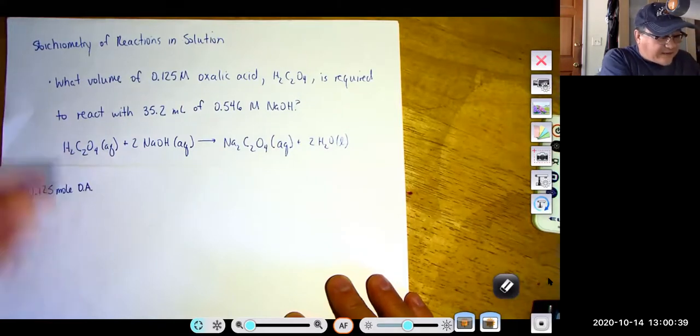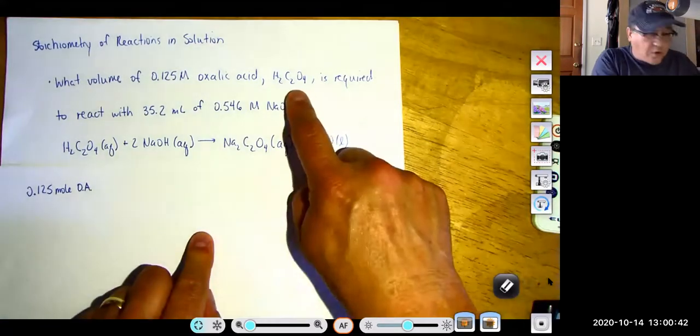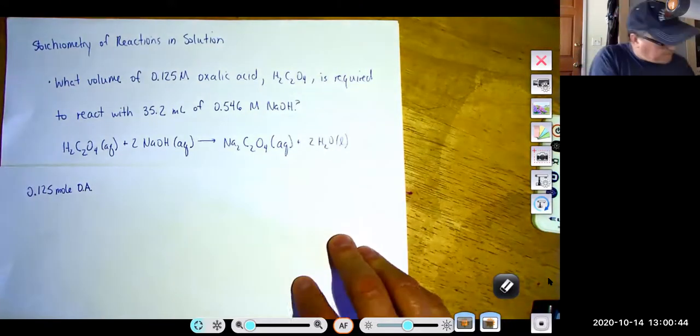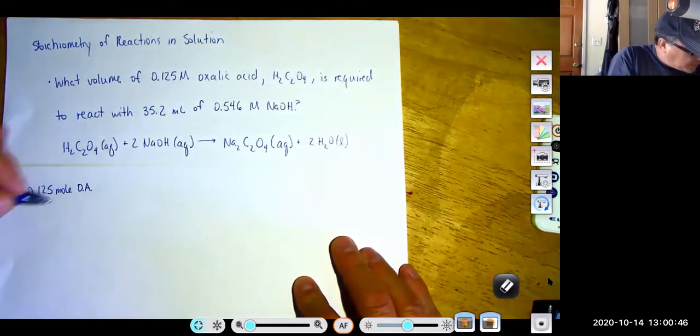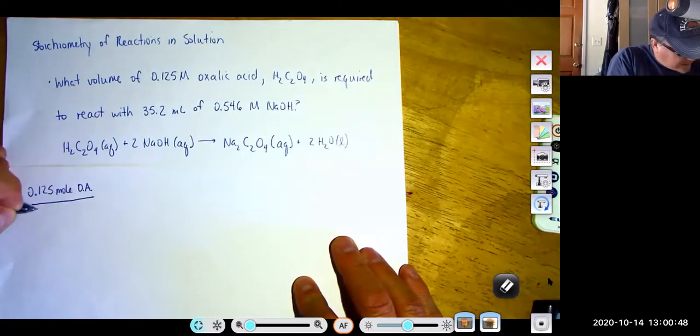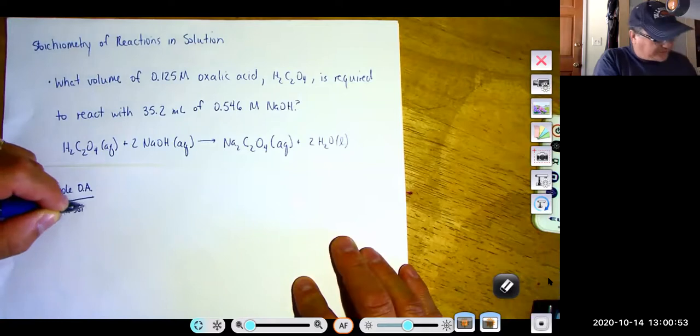And instead of writing out H2C2O4, I'm going to write OA for oxalic acid. And this is per 1 liter of oxalic acid solution.